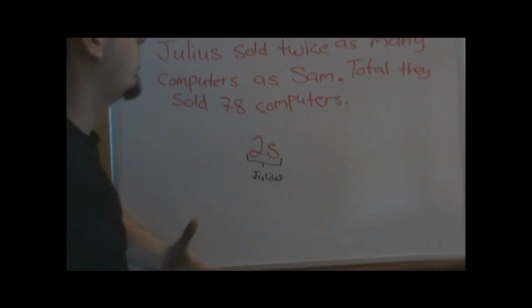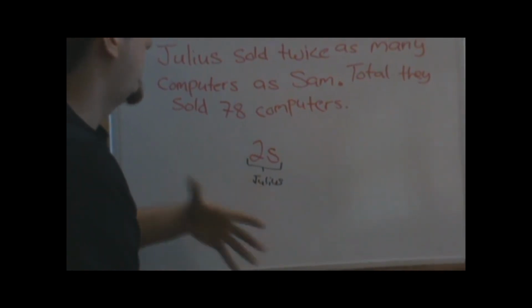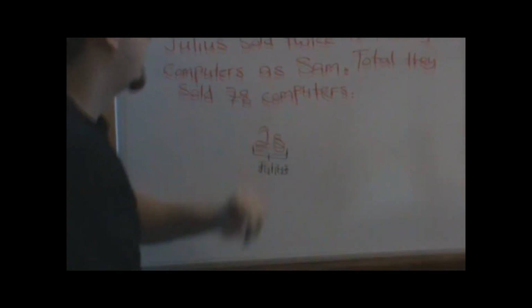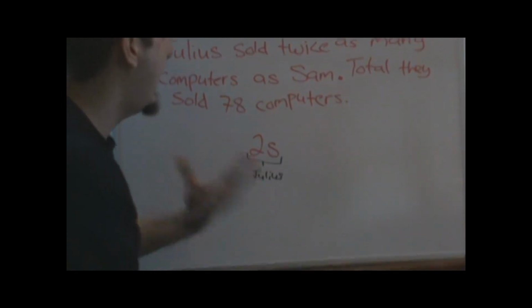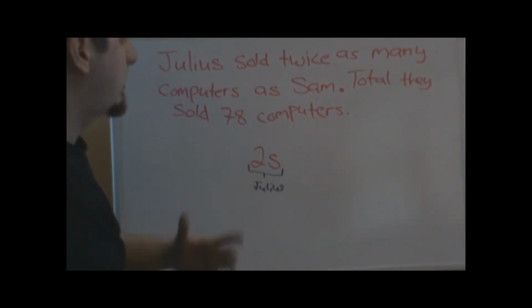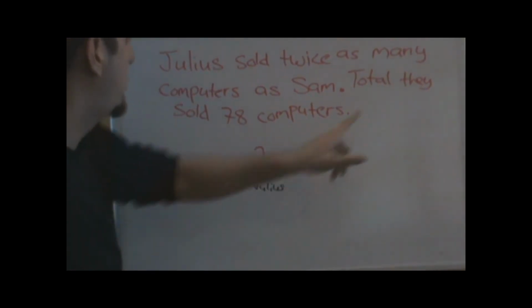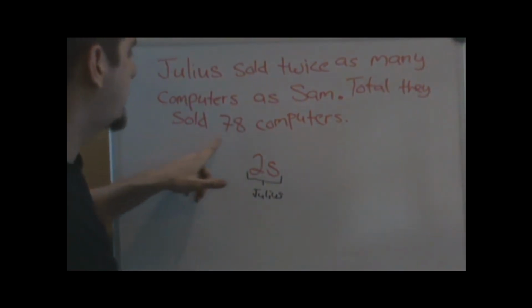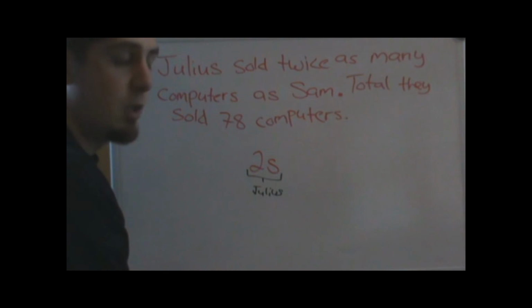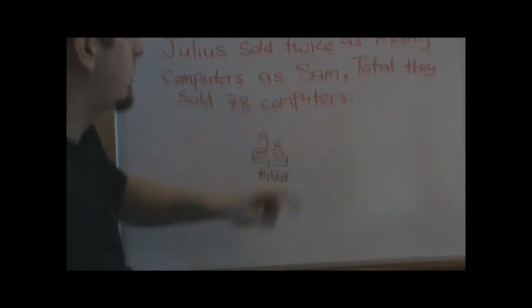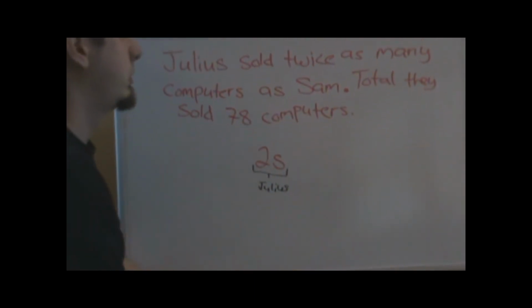So I want to know total. I want to know in all how many computers did Julius sell. To figure that out, I have to take a look at the rest of the information they told me. Total, they sold 78 computers. So that means if you take the amount Julius sold and the amount Sam sold, it totals or equals 78.